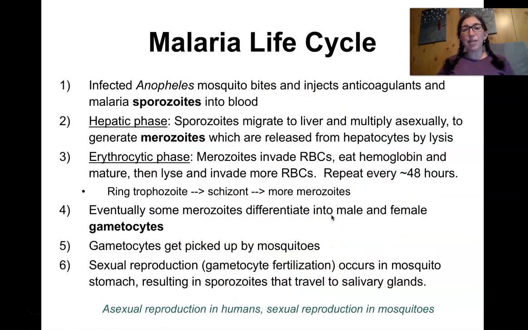So that life cycle that I just went through twice on those 2 slides with pictures is listed out here for you. The mosquito, by the way, is a specific genus of mosquitoes called Anopheles, and they prefer really warm tropical environments.